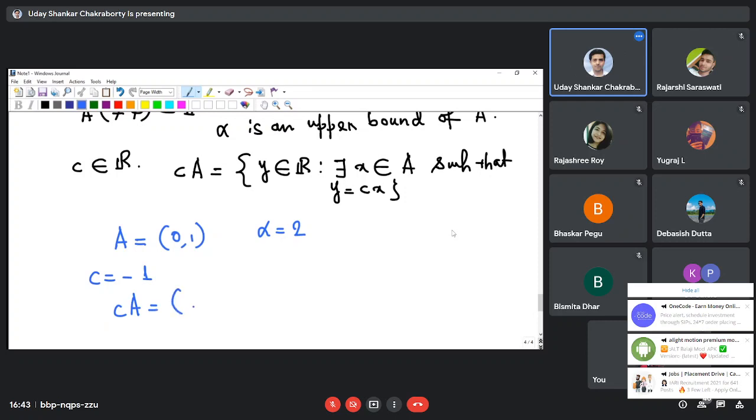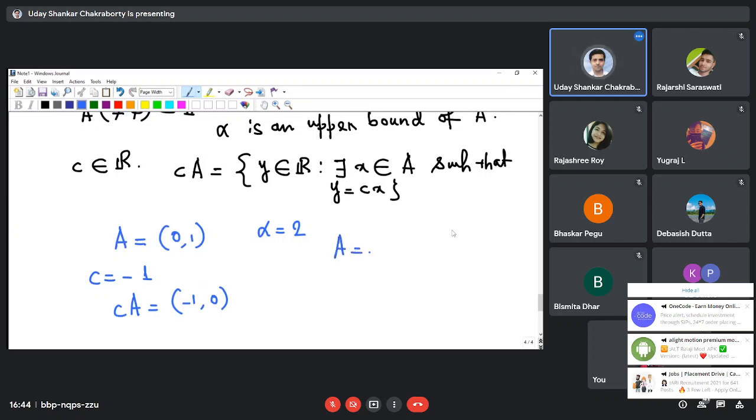Minus 1 to 0. So it is still bounded above. But see, what Bhaskar has said is that C alpha will be an upper bound. That is not so, because C alpha is minus 2.